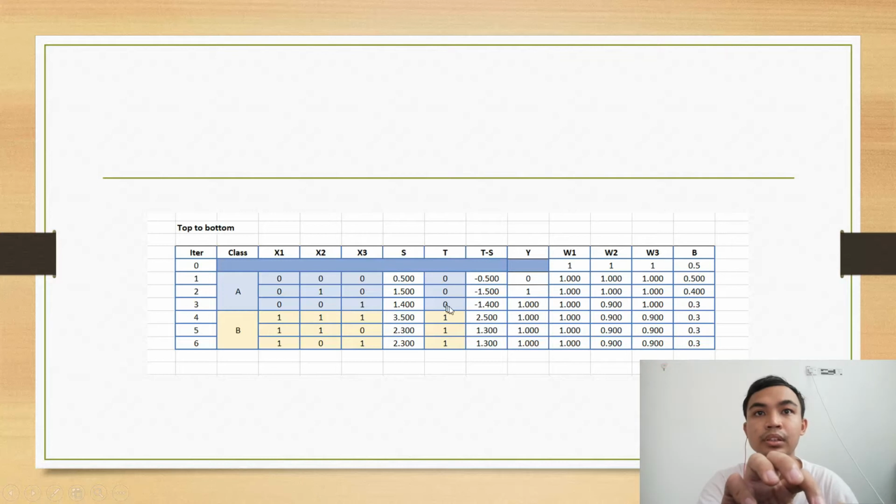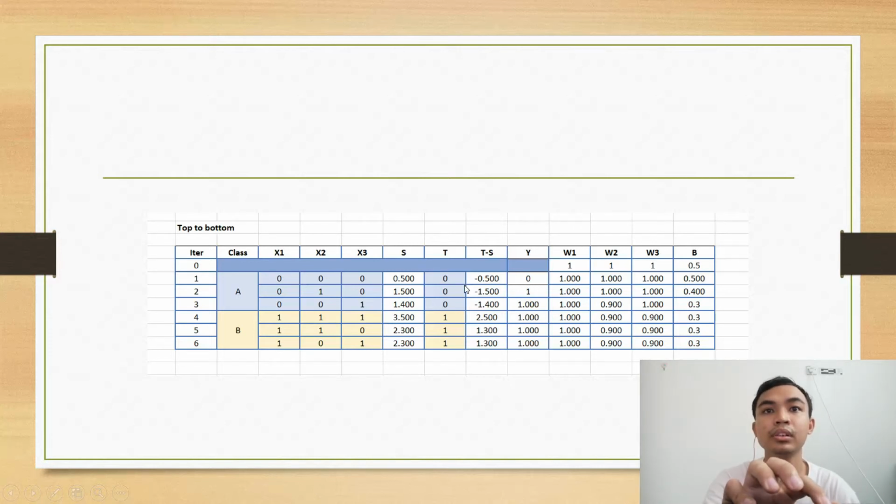To determine the Y, we need T minus S. So T minus S we get negative 0.5, which is less than 1, so the Y will turn into 0.